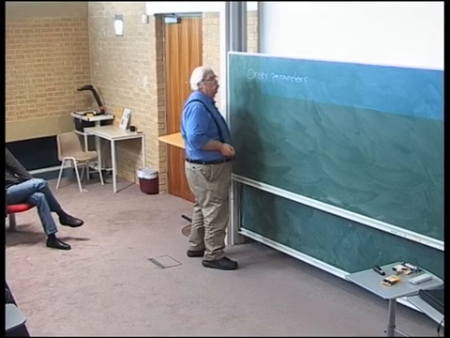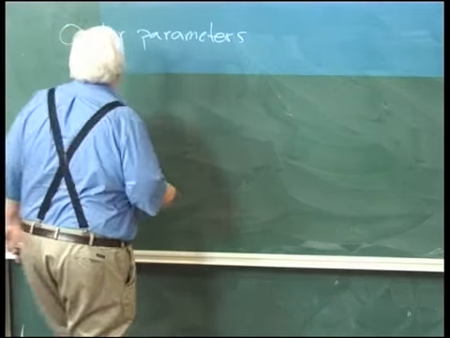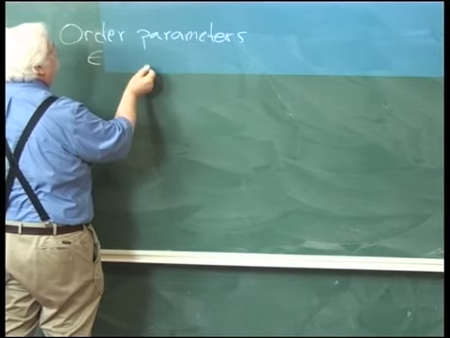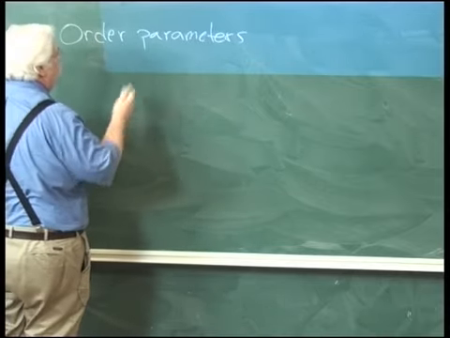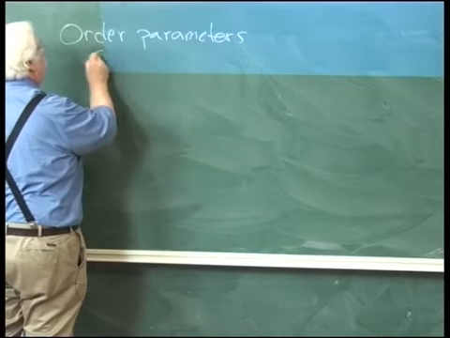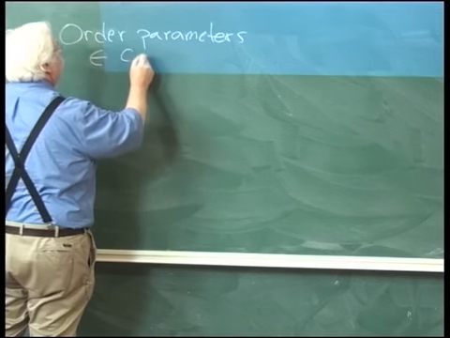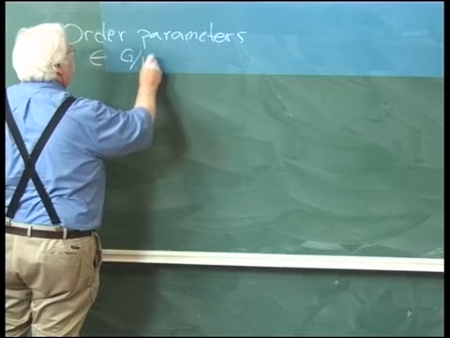Okay, and I want to think about order parameters as elements of a coset space.